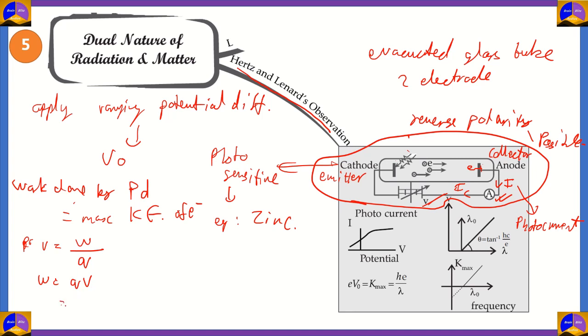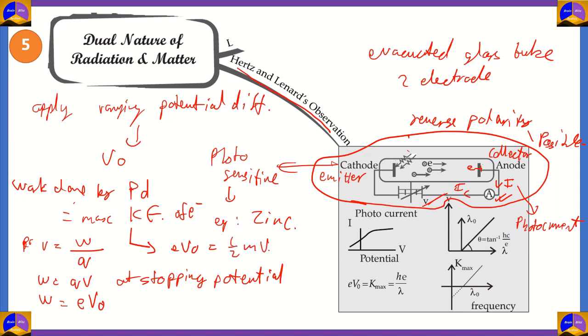At stopping potential, the charge is the charge of an electron, which we write as e, and the potential is V0 because it is the stopping potential, so work done can be written as eV0. According to the condition in the photoelectric effect at stopping potential, eV0 is equal to half m v max squared. So for maximum kinetic energy, you need maximum voltage. The maximum kinetic energy of the electron is equal to the work done by the potential difference.